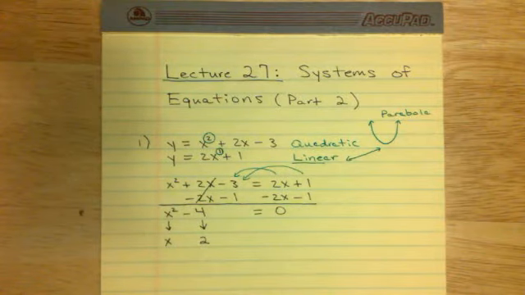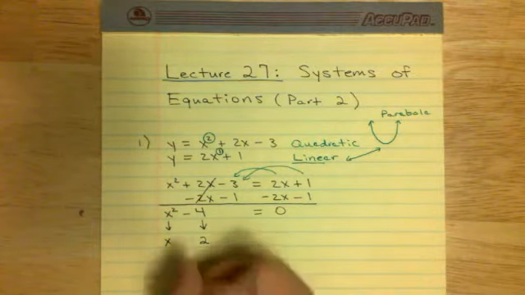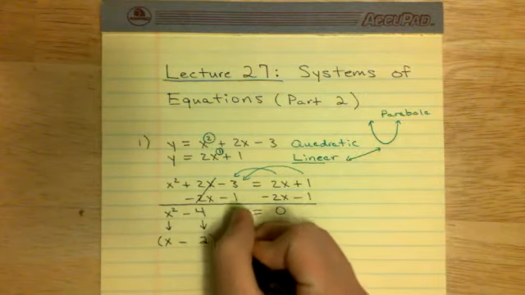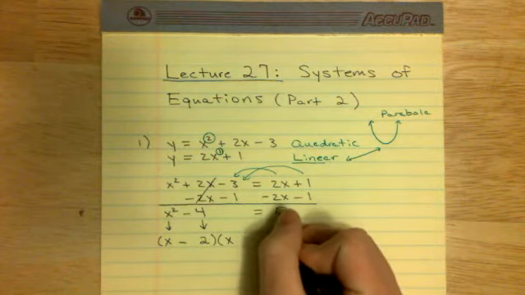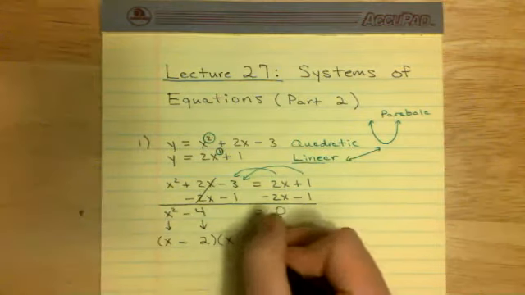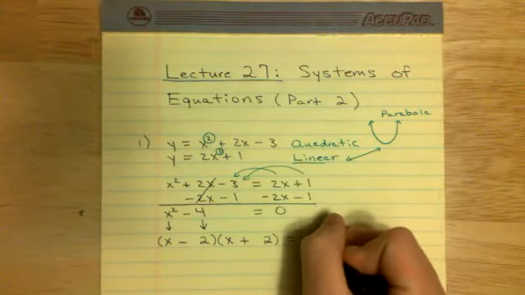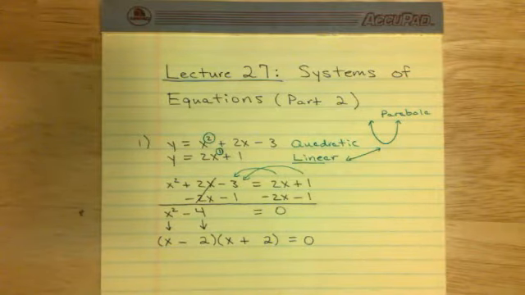So now I have my two parts ready, and when I do difference of squares, I always put a minus in between and a plus in between. So I need a minus here, close that up, and I'm going to have the same parts over here, the x and the 2, but I'm going to have a plus in between. So the two factors are very alike, but they're also different because they have opposite signs.